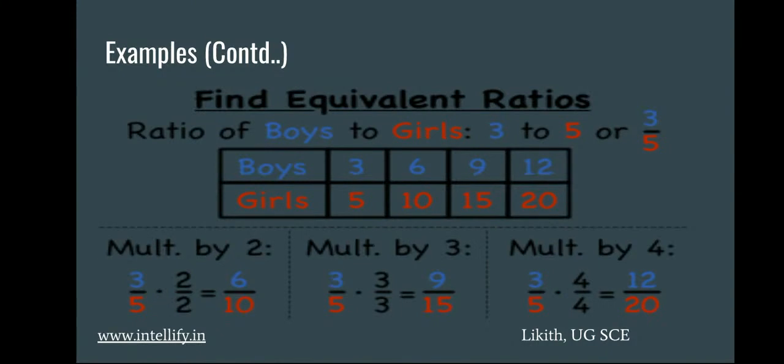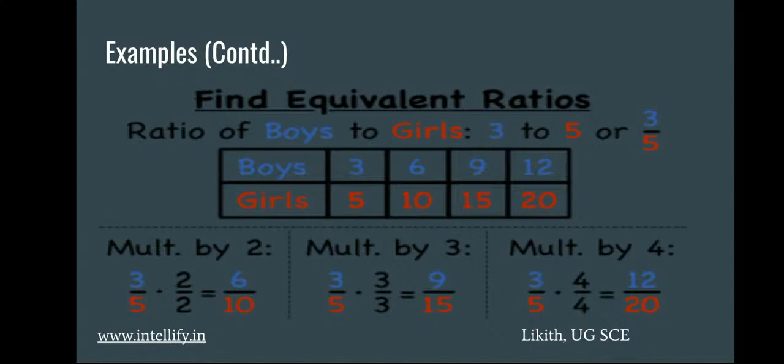Similarly, I am going to multiply 3 to the numerator and 3 to the denominator of the fraction 3 divided by 5. We have 3 into 3 divided by 5 into 3, which is nothing but 9 divided by 15. Another example is I am multiplying 4 to the numerator as well as to the denominator of the fraction 3 divided by 5.